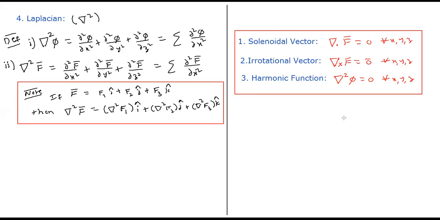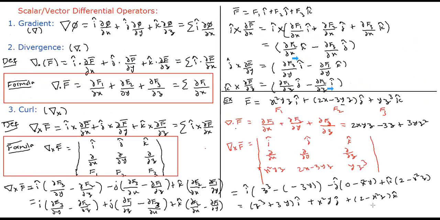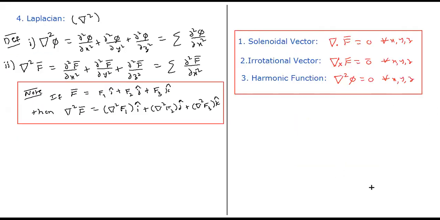So these are the three important definitions: solenoidal, irrotational, and harmonic. And in today's class, I introduced three more operations called Laplacian, curl, and divergence. So in the next session we are going to do problems based on these.